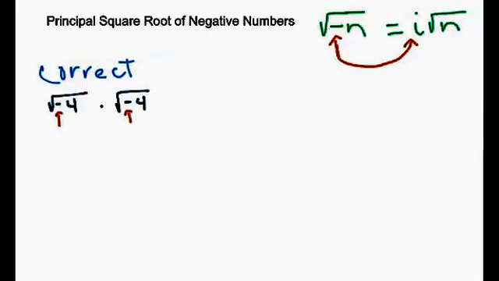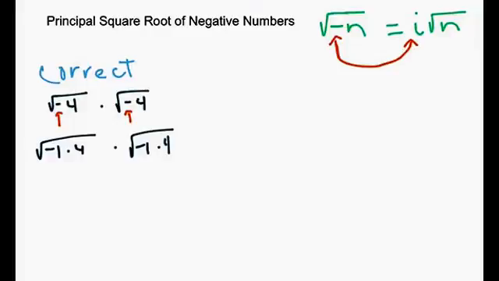Okay? So I'm going to rewrite this as the square root of negative 1 times 4 times the square root of negative 1 times 4. The negative 1's I am going to pull out as i square root of 4 times i square root of 4.